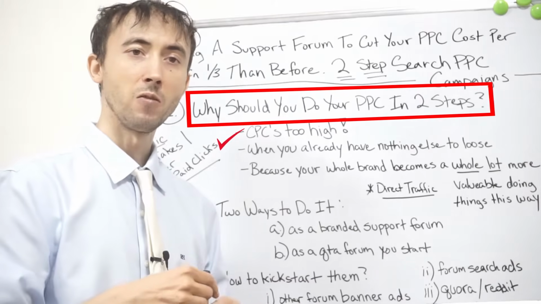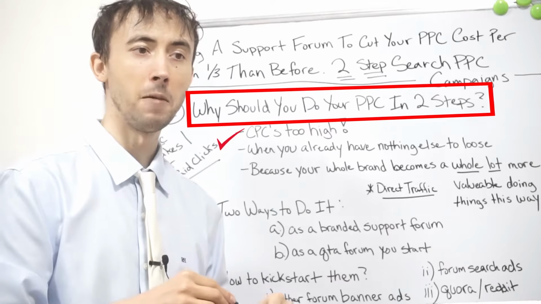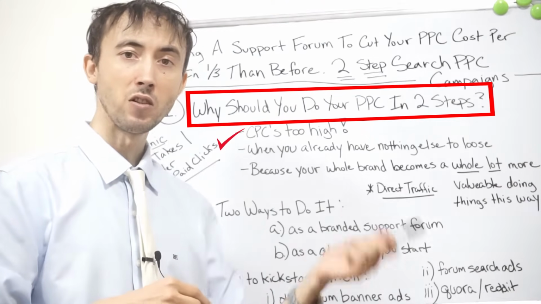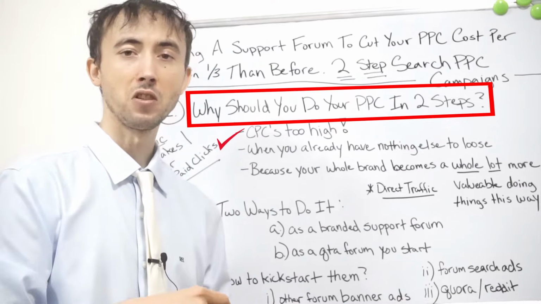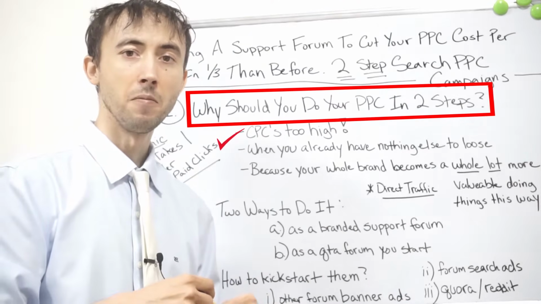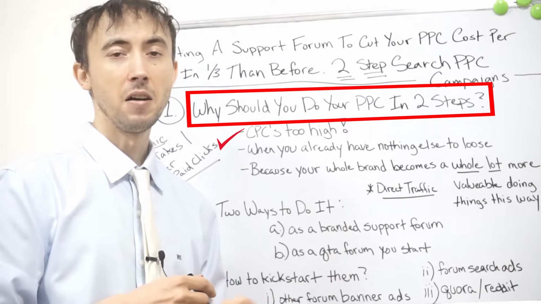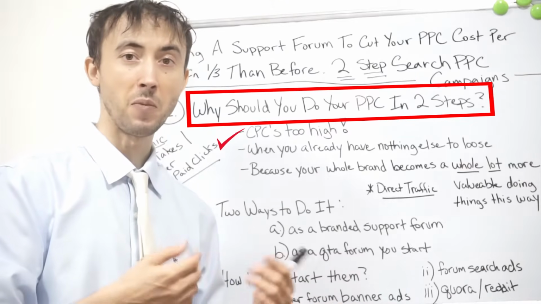I've mentioned in other articles that if you can figure out a way to get people to your site and then run your search ads, your search ads will work much better. They're about 50% more likely to click on your ad just if they've been to your site before.